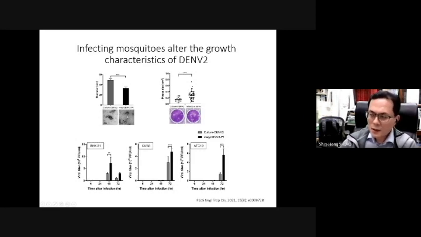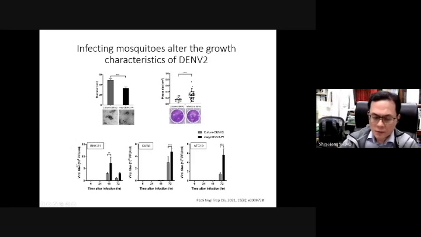We can see here the diameter of the MSQ dengue P1 virus particle is smaller than the culture dengue virus, but there is no difference in the shape between the two. However, the plaque size of the MSQ dengue virus is larger than that of the culture dengue virus.